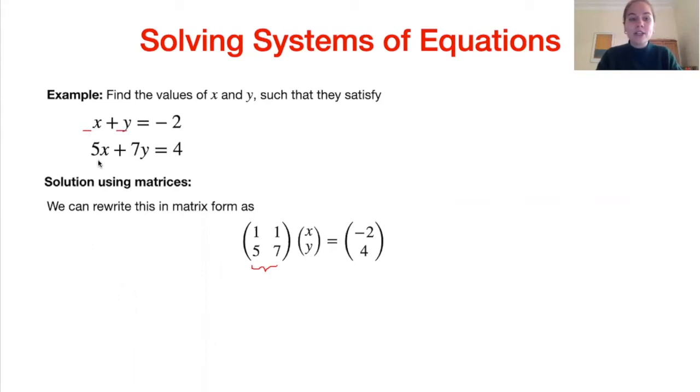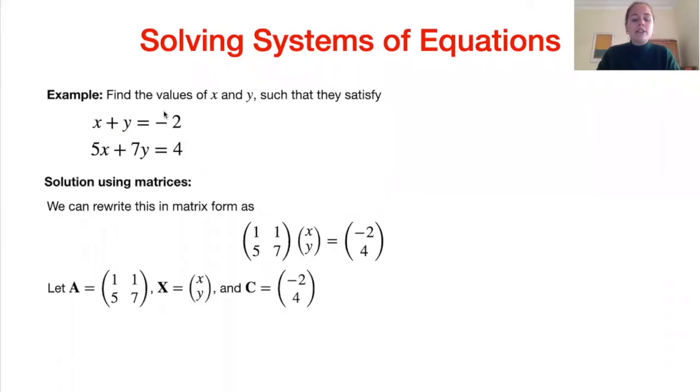And then in the second equation, we have a coefficient of 5 and a coefficient of 7, which is reflected in that first matrix. And we have to multiply that by x and y to find our answers -2 and +4. So using that matrix multiplication that we looked at 2 slides ago, you can convince yourself that this matrix form is exactly the same as those 2 equations up there.